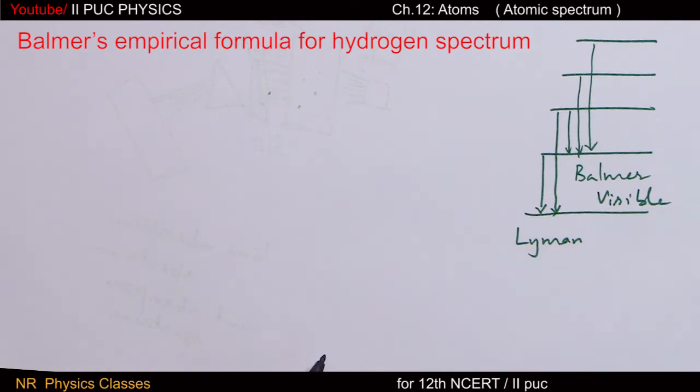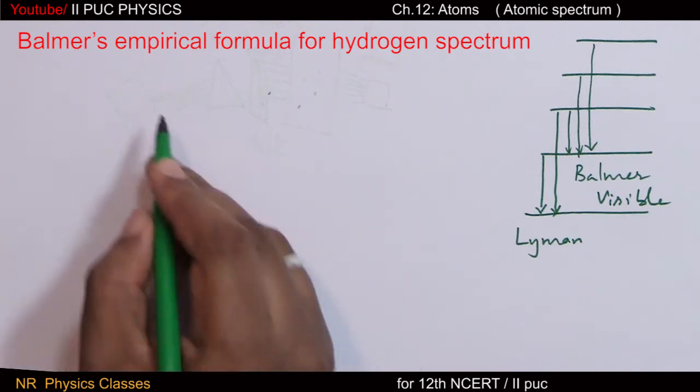Okay. Now these are for 1 mark questions. Balmer's empirical formula for hydrogen spectrum.